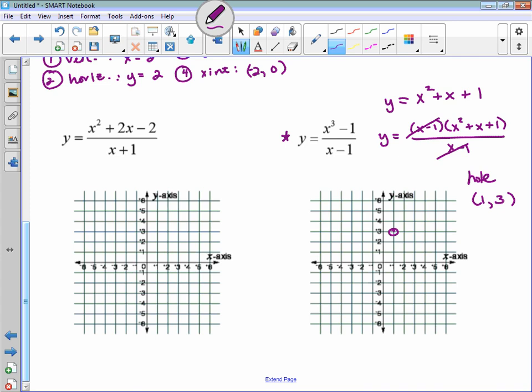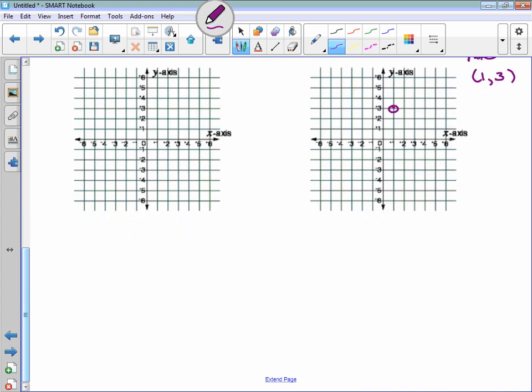Now from here, guys, this one's a little different because it's no longer a fraction that you have to graph. So you don't have to worry about asymptotes of any type. You just have to graph y equals x squared plus x plus 1. How do you graph that? It's a parabola. We know that. Do you guys remember anything about your vertex?